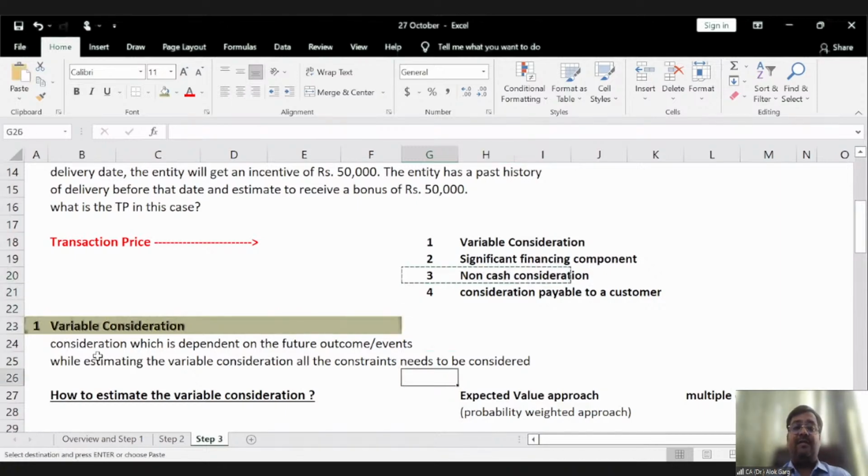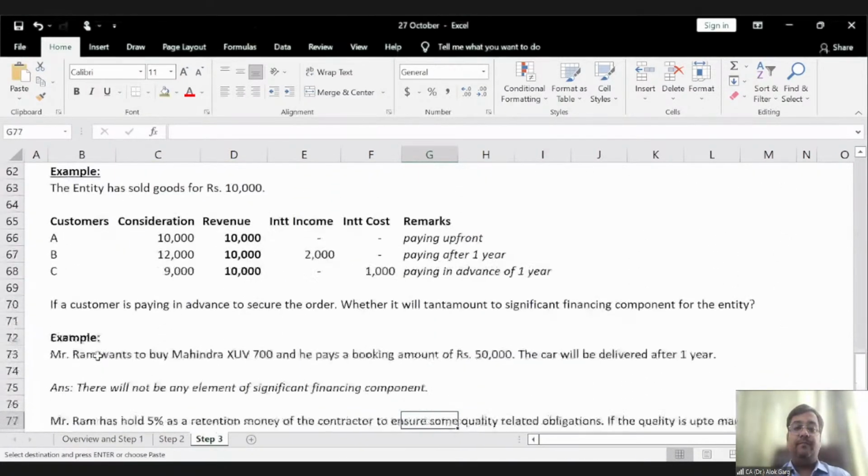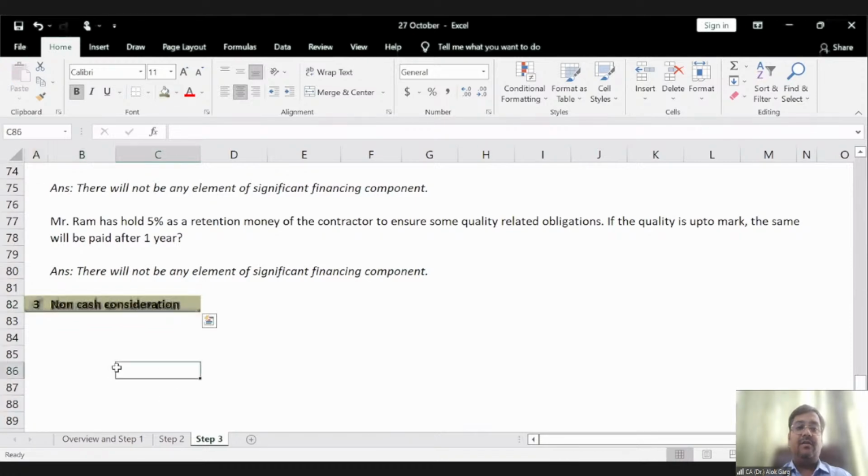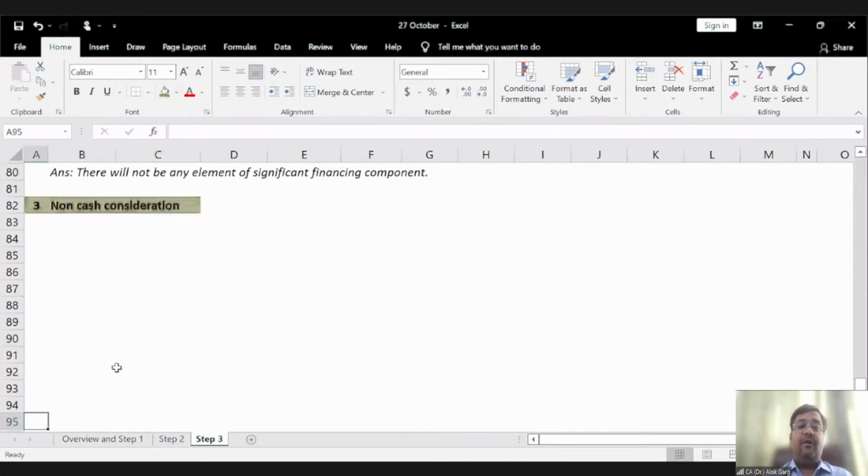Let's discuss non-cash consideration. What is the meaning of non-cash consideration? At times, friends, there is an exchange of goods and services. There's a barter.